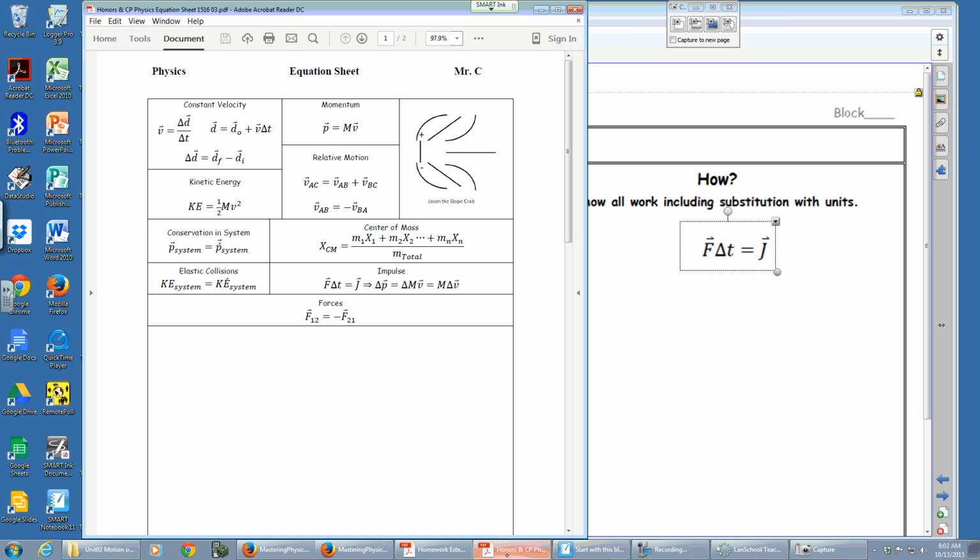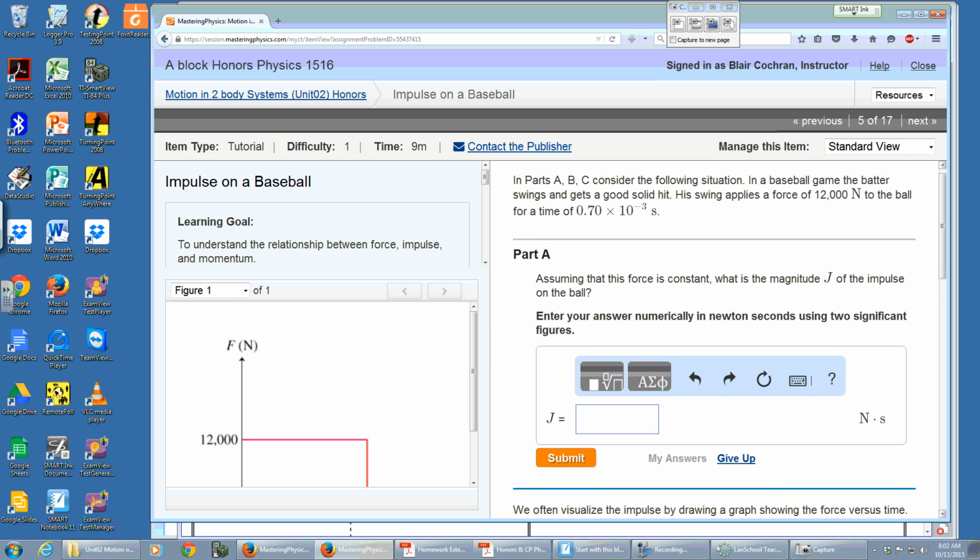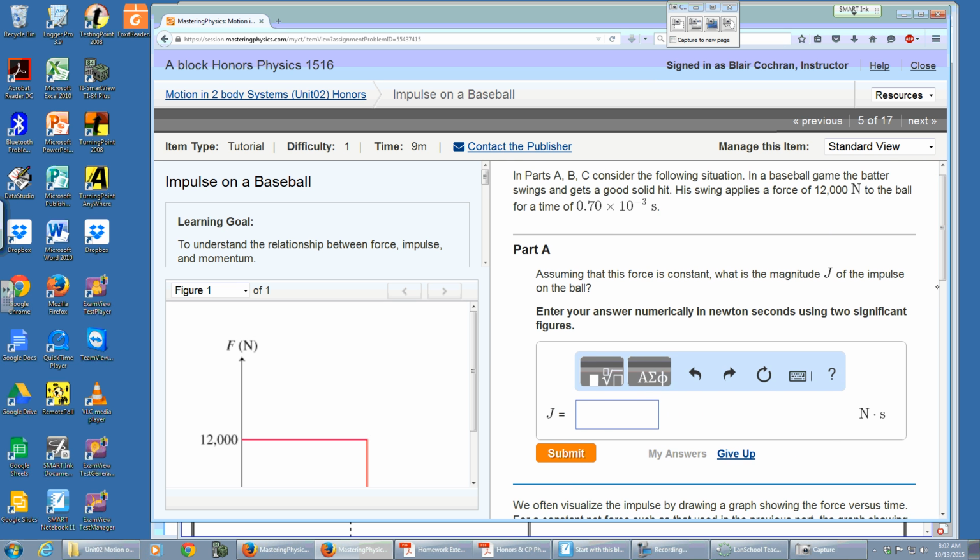And let's see what information they give me. They tell me that he applies the force of 1,200 newtons to the ball for 0.7 times 10 to the minus 3 seconds. Okay.